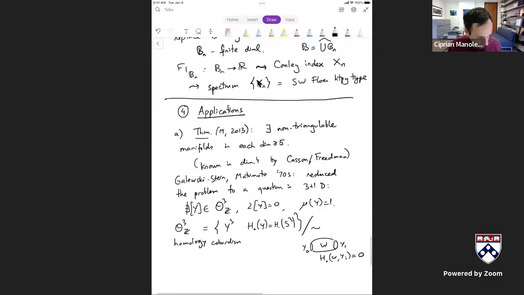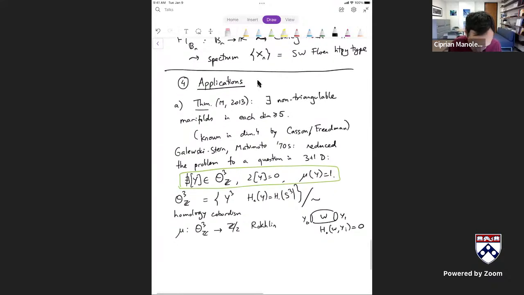This forms a group, theta 3 Z, and there is a well-known Rokhlin homomorphism to Z/2. So this is what Galewski-Stern conjectured, and I showed, and this implies the theorem.